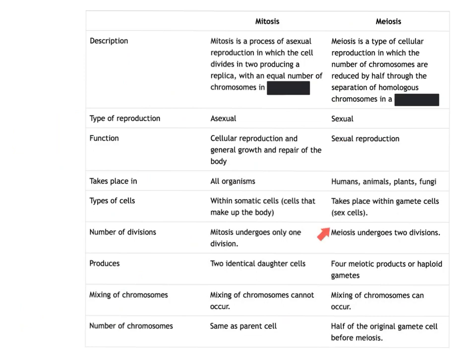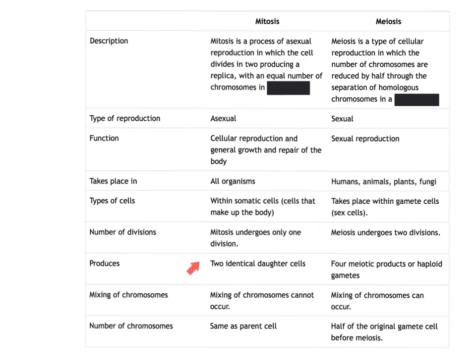Meiosis goes through two divisions: interphase, prophase 1, metaphase 1, anaphase 1, telophase 1, prophase 2, metaphase 2, anaphase 2, telophase 2.